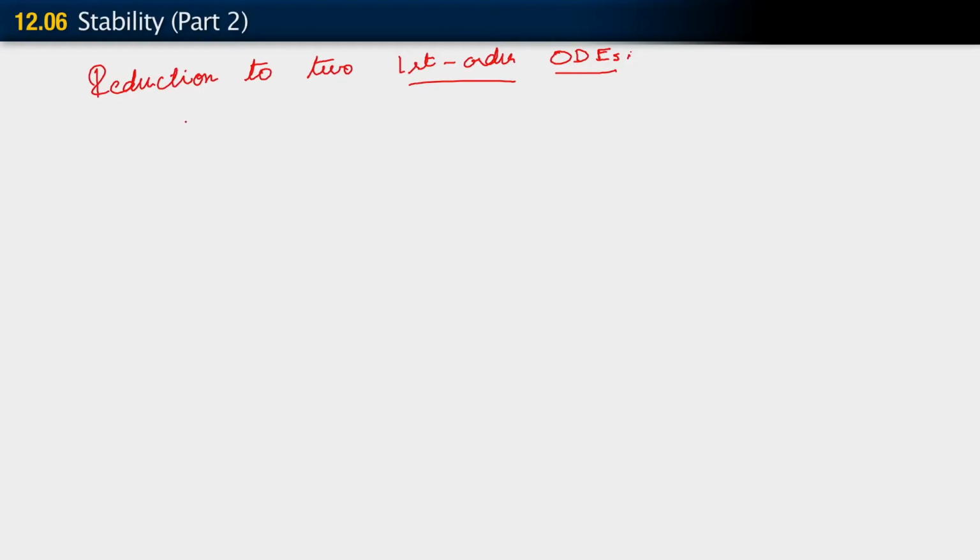We get y at n plus 1 equals A, which is now our amplification matrix, times y at n plus L at n.